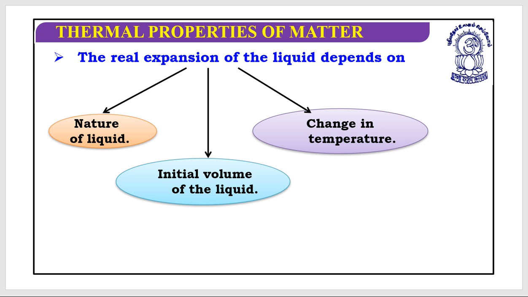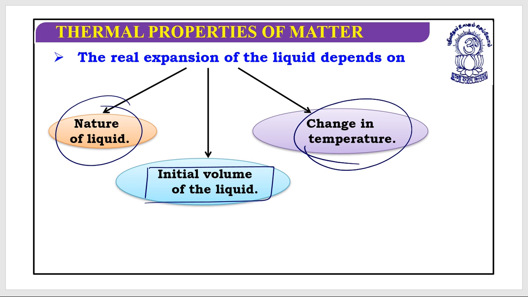This real or absolute expansion depends on the nature of the liquid, the initial volume of the liquid, and the change in temperature. It depends on these three parameters only. It does not depend on what happens to the container, because this is just the observation of the real expansion of the liquid only. I hope this is clear.